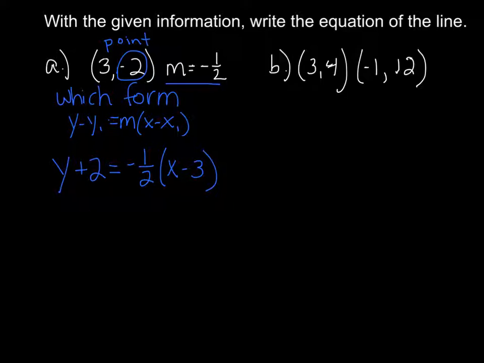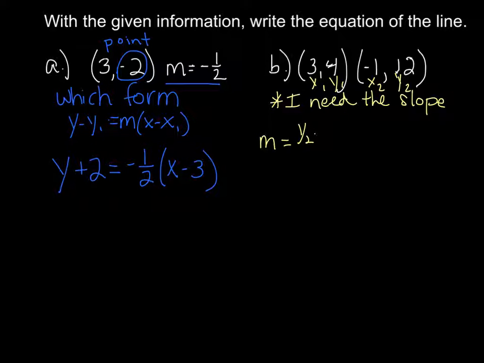All right, B, which form would make the most sense? Oh, well, first off, I'm missing information. I need the slope. Before anything else, I need the slope. I don't have that information yet. So I have to do m equals y2 minus y1 over x2 minus x1.